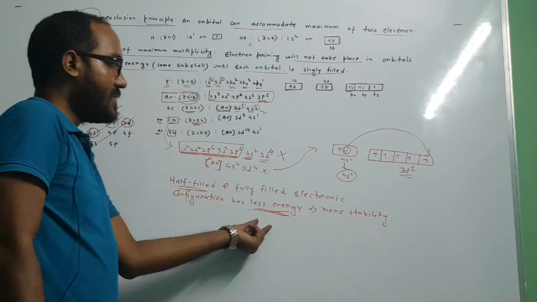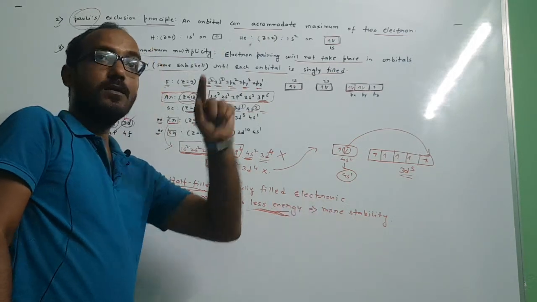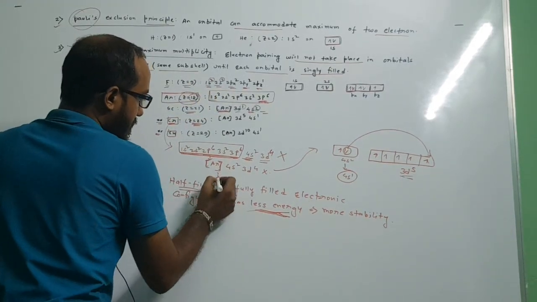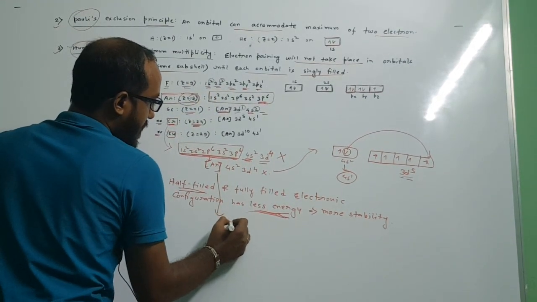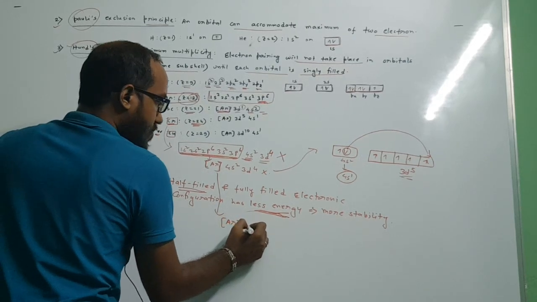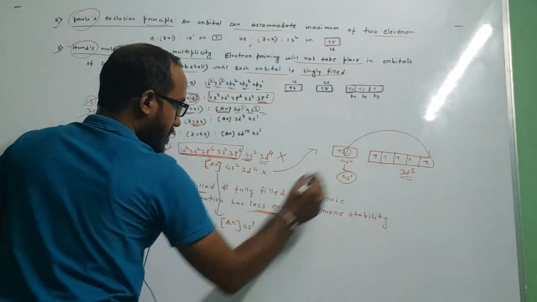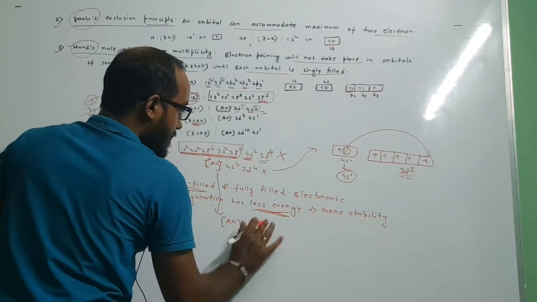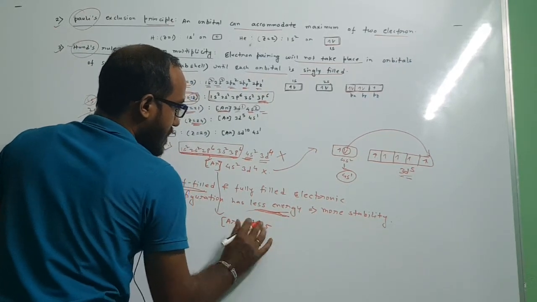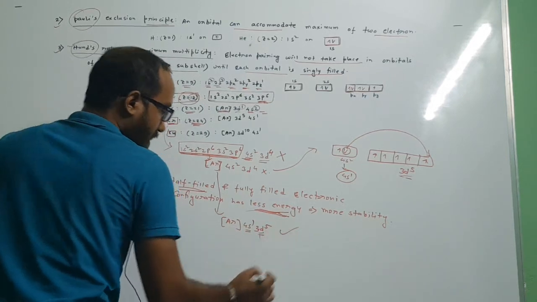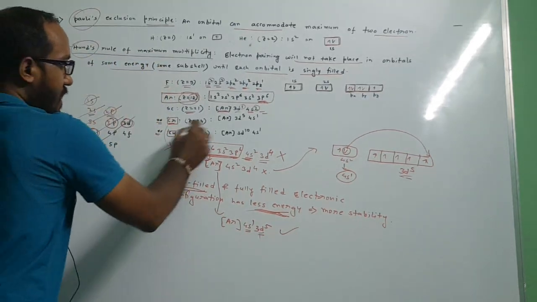If that configuration has less energy, then it will be more stable. So our configuration would be argon 4s1, one electron will jump to d orbital, so it will have 3d5. See, both of them are half filled. So this is the correct electronic configuration of chromium.